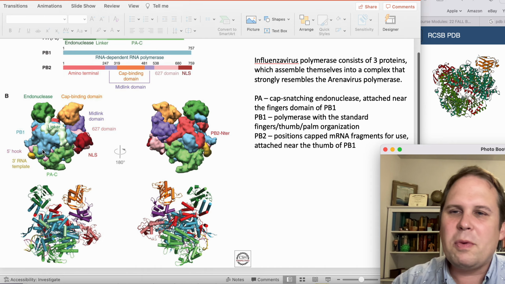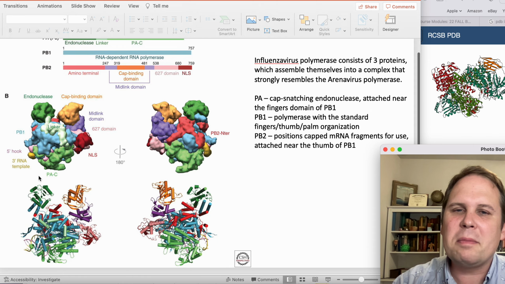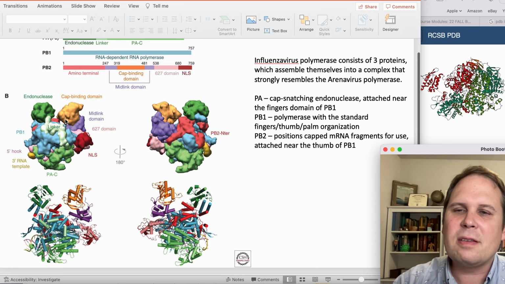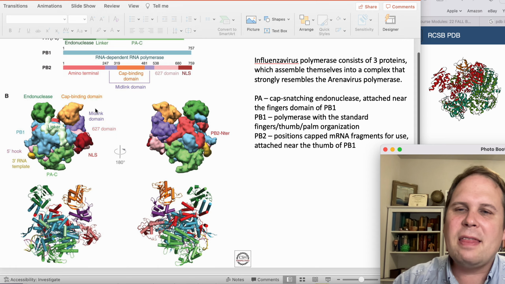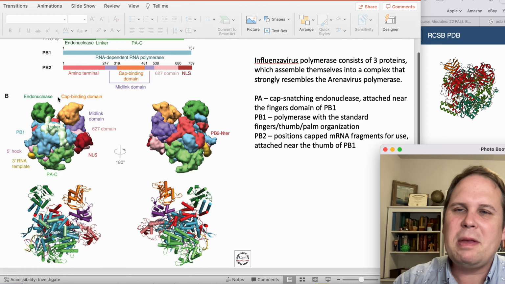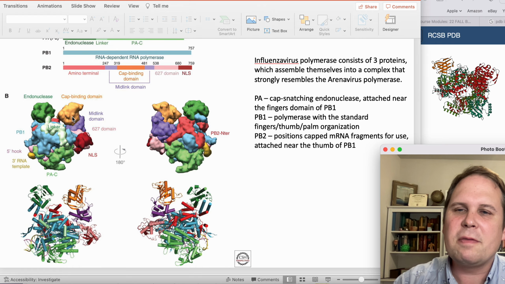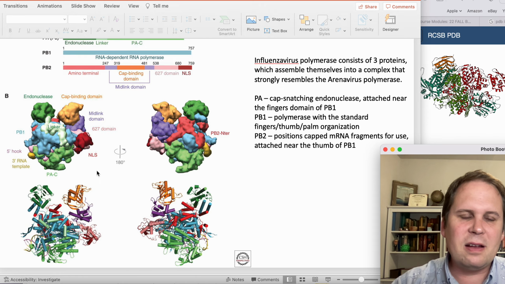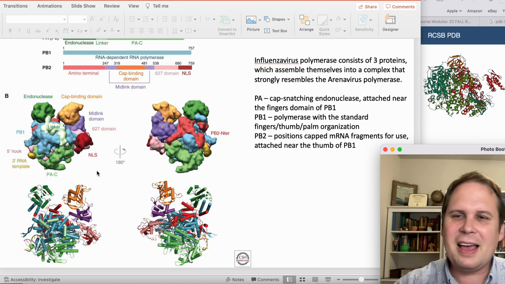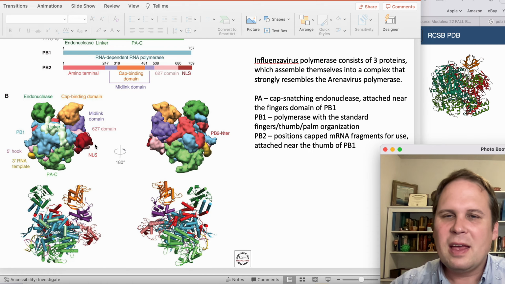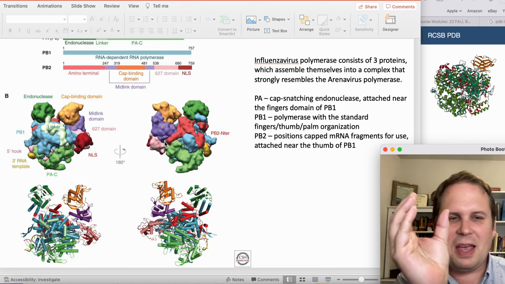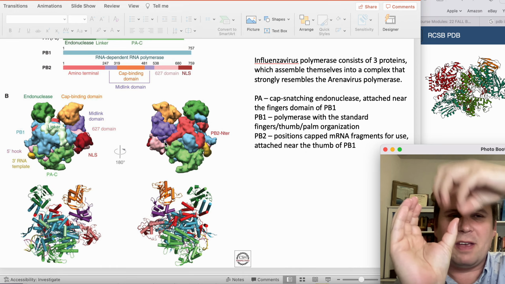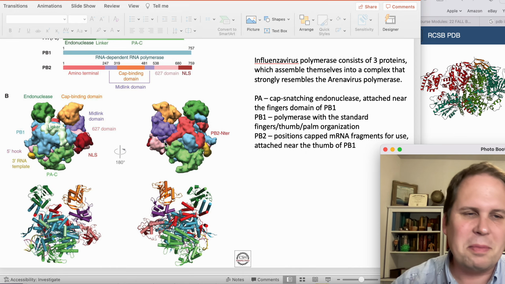You end up with PB1 making up the bottom, and the fingers of PB1 are where the endonuclease sits. So that's in PA. And then back here is the PB2 region, these pinky, reddy, yellowy colors. And those sit on top of the thumb. And it's as easy as that. That's the enzyme. Sort of like a great big cupped hands, but with a big chunky thing on top of the fingers and a big chunky thing on top of the thumb.